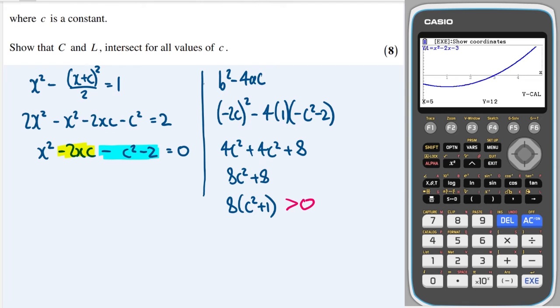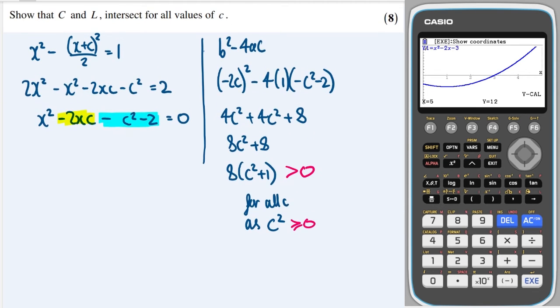So it's greater than 0 for all c, as c squared is always greater than or equal to 0. Therefore, c squared plus 1 must always be greater than 0. And therefore, 8 times c squared plus 1 must always be greater than 0.